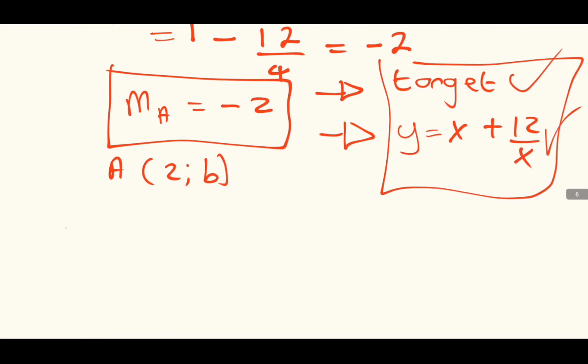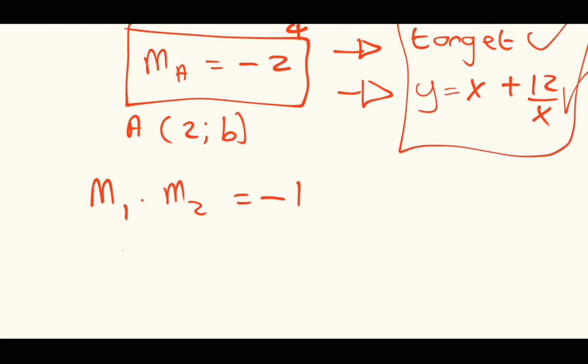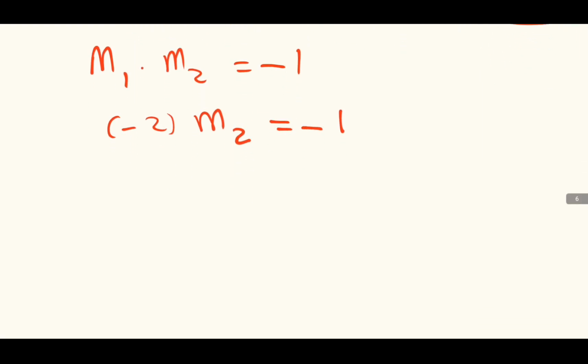So we use that formula, m1 multiplied by m2 will be equal to negative 1. So our m1 is equal to negative 2. So m2, which stands for the gradient of the line which is perpendicular, will be equal to, we divide both sides of this equation by negative 2.